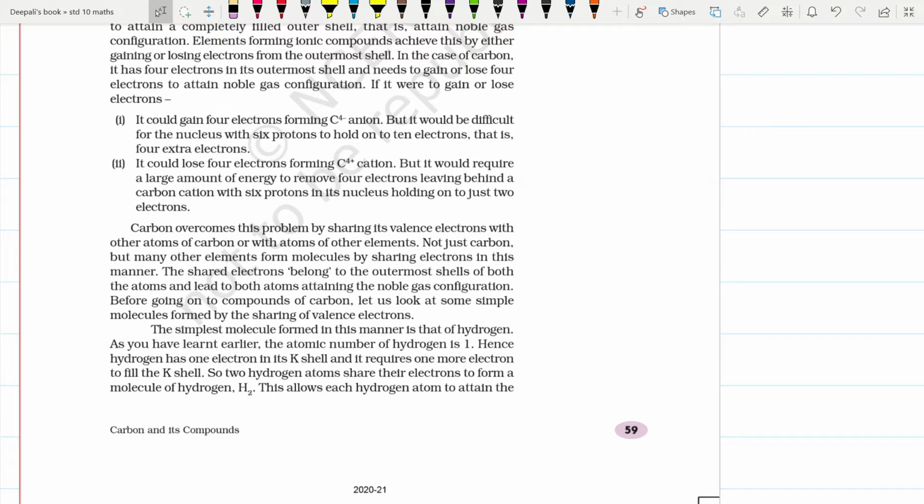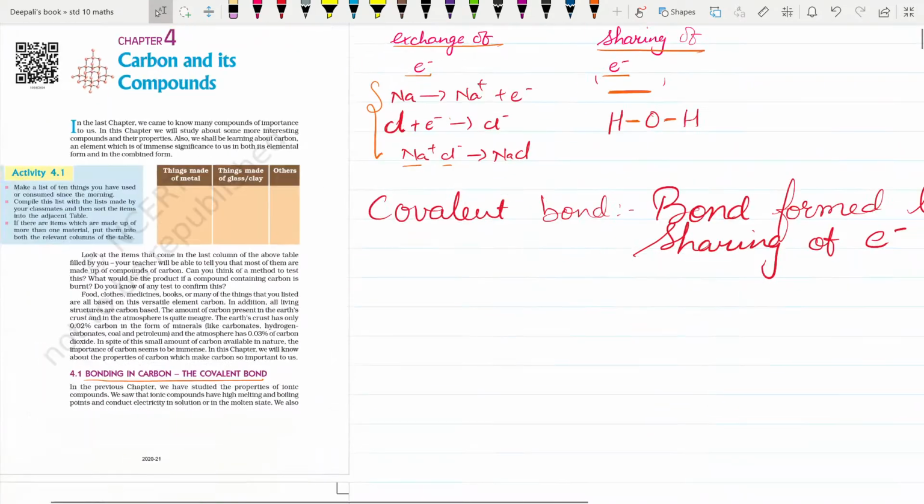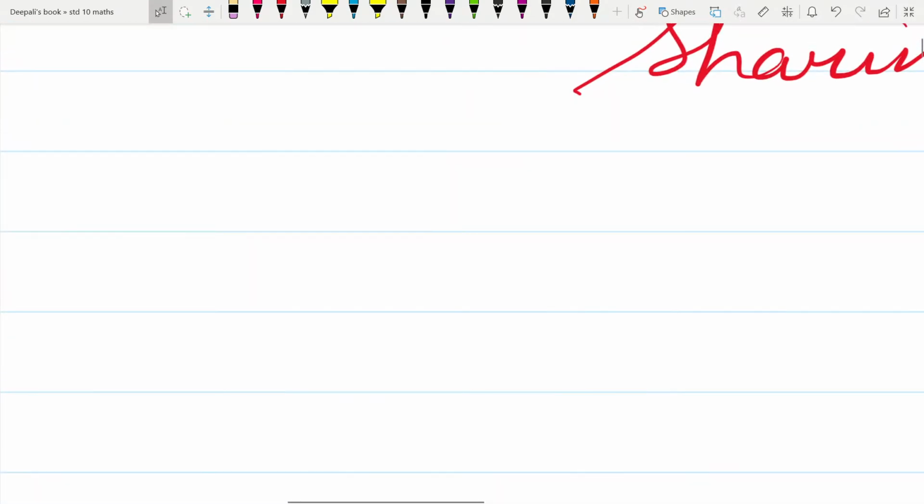Before going on to the compounds of carbon, let us look at some examples of molecules formed by sharing of valence electrons. As you understood, carbon's atomic number is 6 and its electronic configuration is 1s2, 2s2, 2p2.